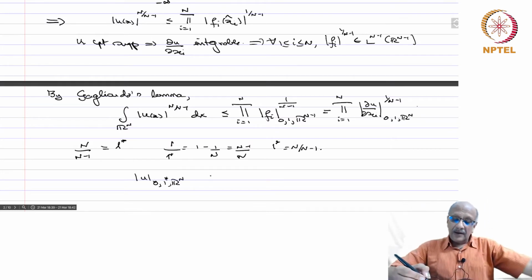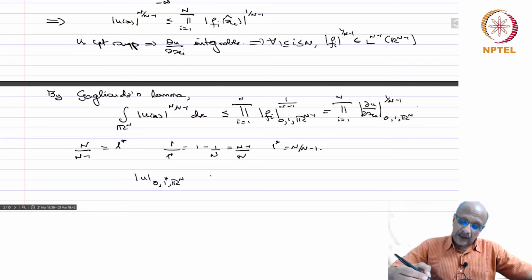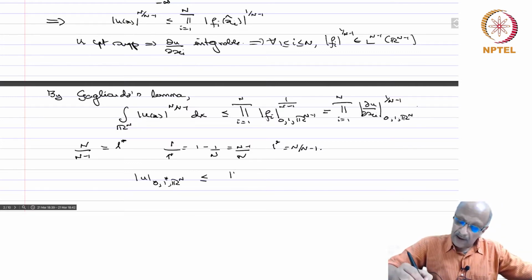Okay, and so I must take it to the power of n minus 1 by n on both sides. So I will get here the product over i equals 1 to n of the L1 norm of du by dx_i on R^n.